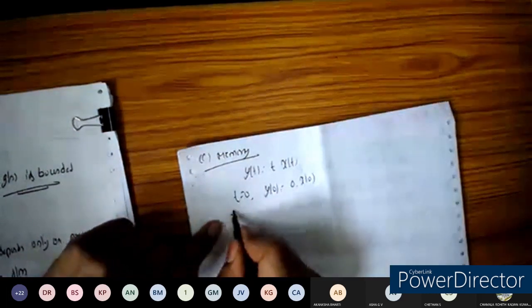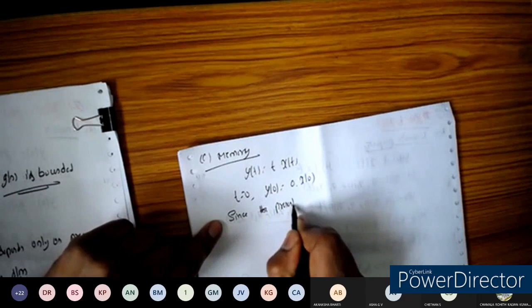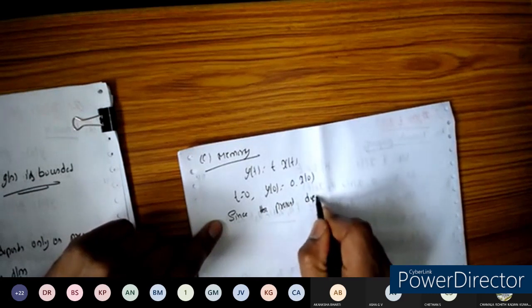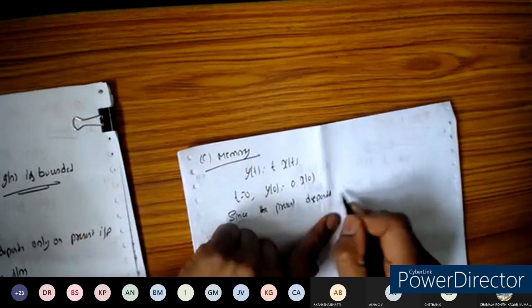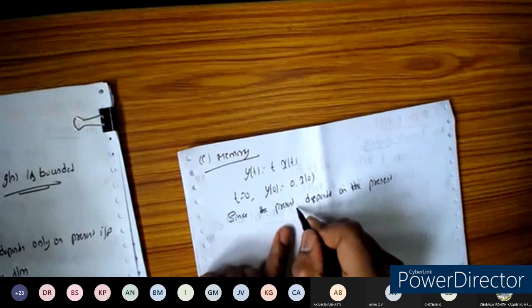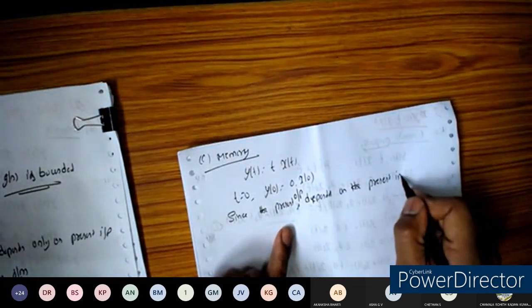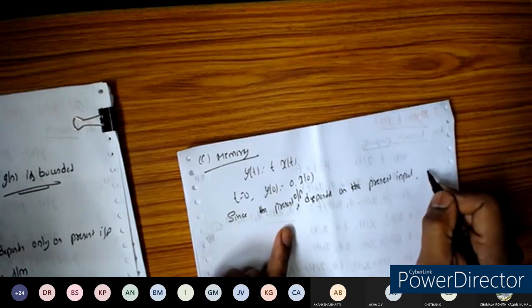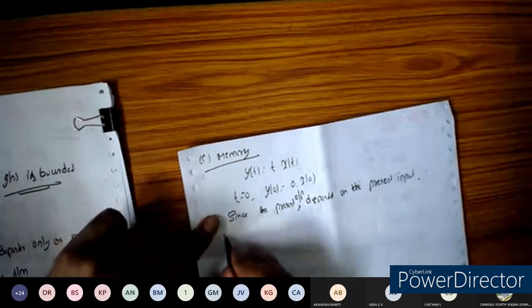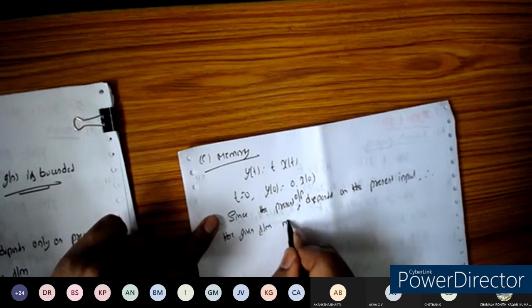Since the present output depends on the present input, therefore the given system is a memoryless system.